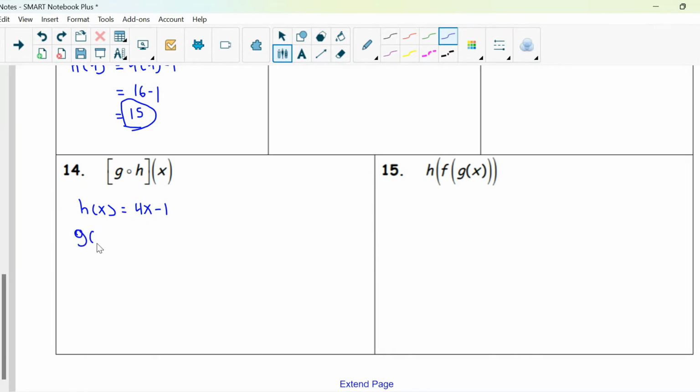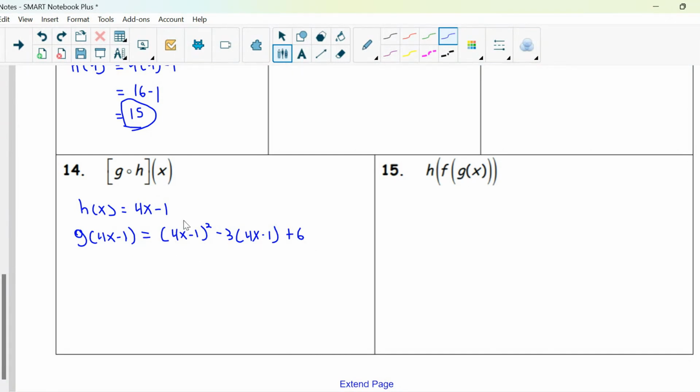So I've got g of 4x minus 1. We're going to evaluate that just as substitution. Anywhere I see x, I'm going to substitute 4x minus 1. So I've got 4x minus 1 squared minus 3 times 4x minus 1 plus 6. Now we just need to simplify.